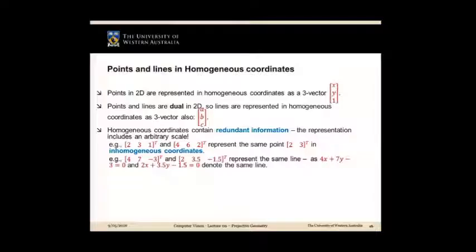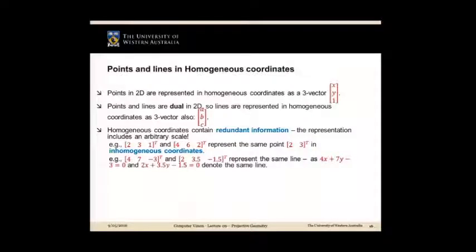You divide by the last value, 2, so you get 1 there. You're left with 2 and 3 as your actual point in the image. These are two different representations of the same point. But just make sure your last scale value takes care of that. So if you're representing it by 6, 9, then your last scale value should be 3.